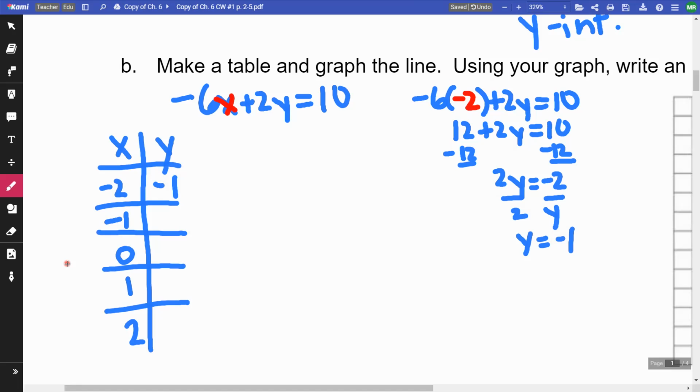Now what I want you to do is do the same thing for -1, 0, 1, and 2. Plug each one in place of x, work it out the same way I did, and come out with your y. So you can pause, do that, and then I'm going to go through the answers with you.